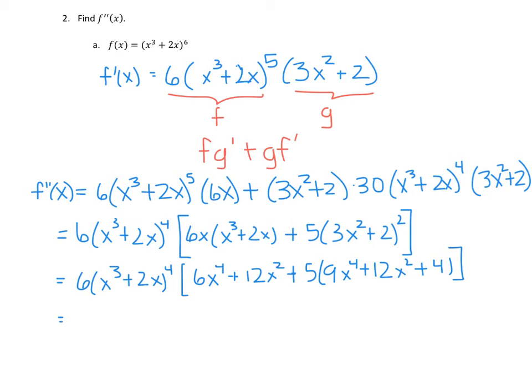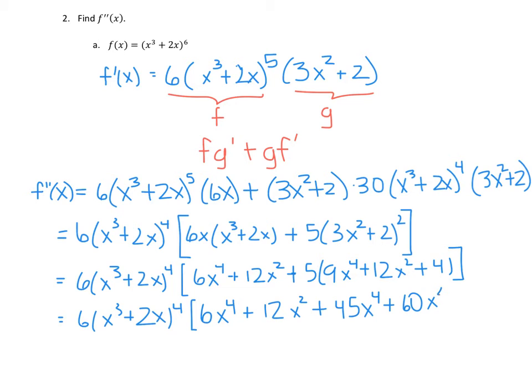Alright, so now we have 6 times x cubed plus 2x to the fourth, and then we have 6x to the fourth plus 12x squared. Distributing the 5 through gives us 45x to the fourth plus 60x squared plus 20.